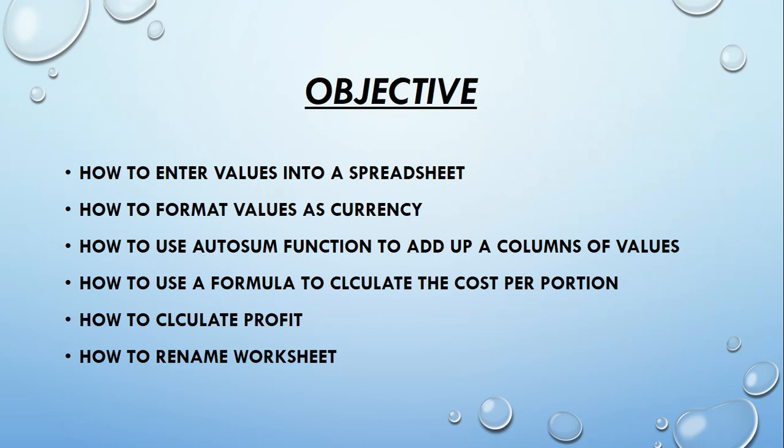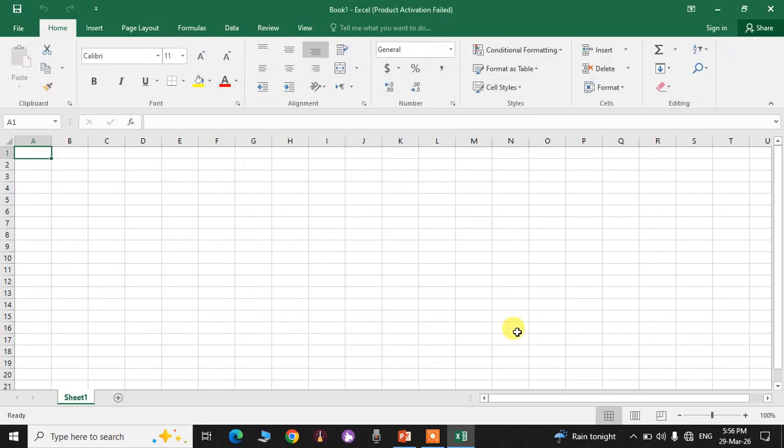We can see how these things are practically done. For this we are using MS Excel, so you have to open MS Excel on your computer. This is a spreadsheet in front of you.